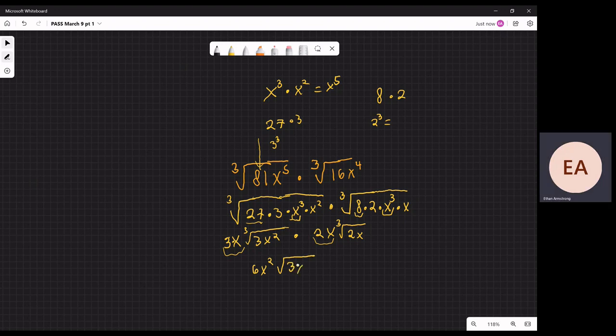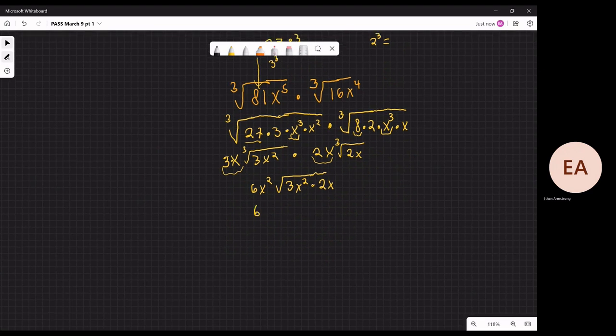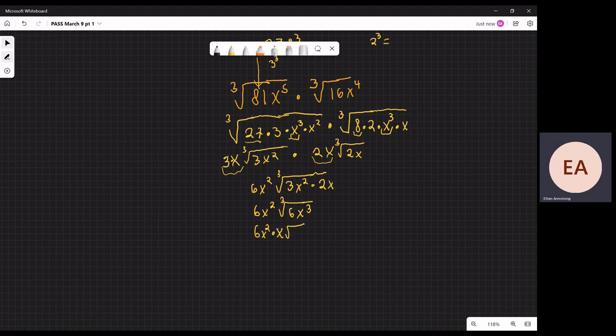And then we'll have 3x squared times 2x, which equals 6x cubed. And now we have x cubed under the cube root, and we can take that out as well. So we'll have 6x squared times x times cube root of 6, which will give us our final answer of 6x cubed times the cube root of 6.